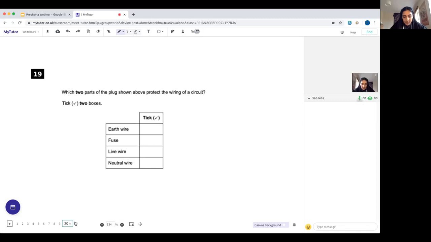Brill, so a lot of you are saying fuse and earth wire, which is absolutely correct. They are our 2 important safety features of a plug.